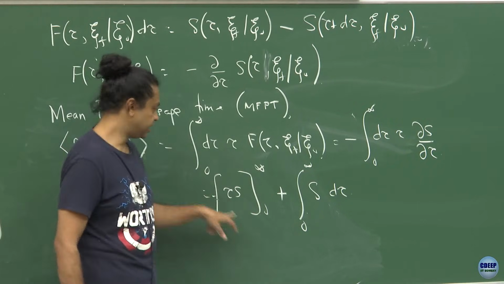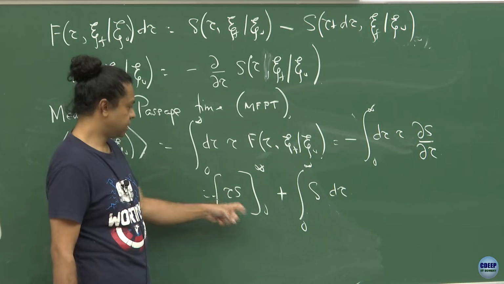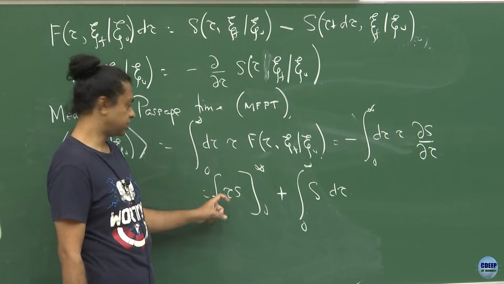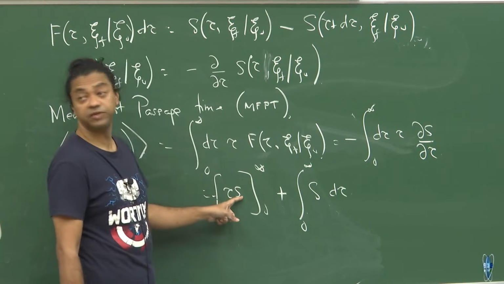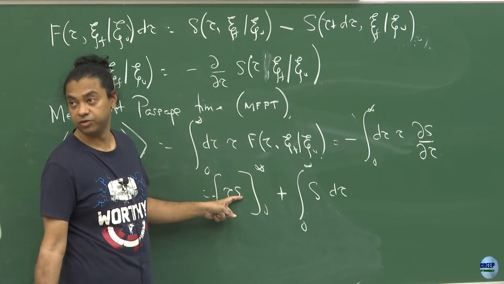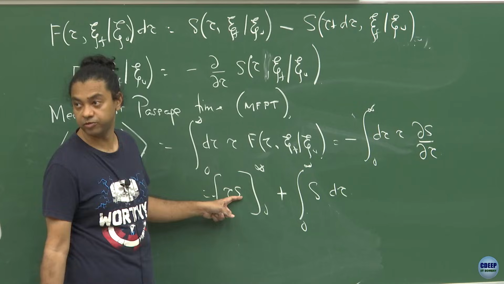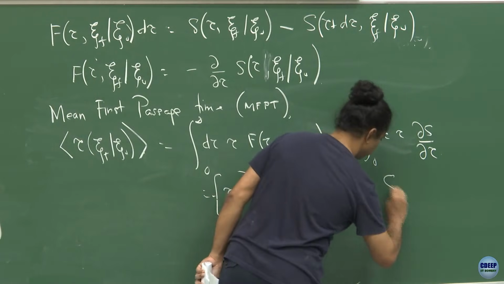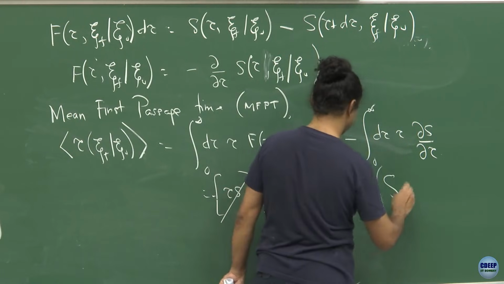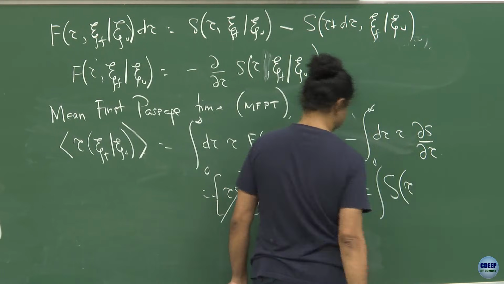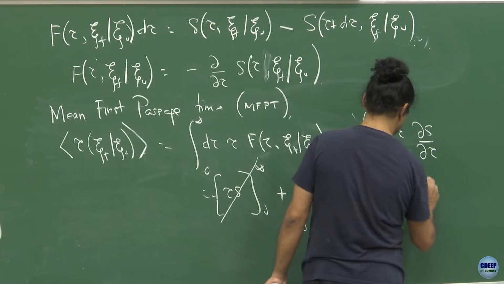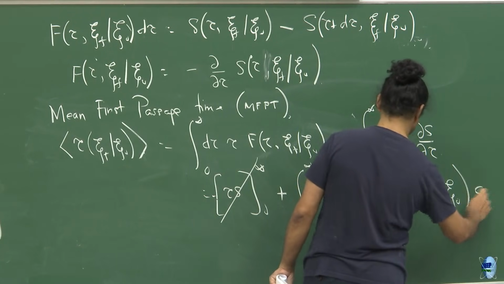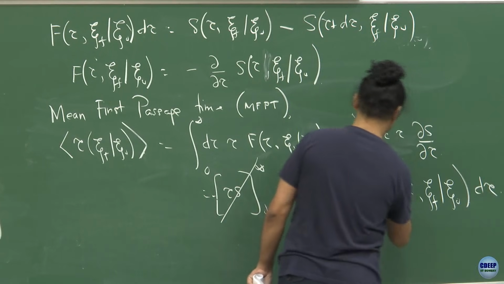So this tau s is from 0 to infinity. At 0, tau is 0, so this drops off. At infinity, s of infinity is 0, because eventually if you have this absorbing state, it will have reached the absorbing state. So therefore, this term does not contribute. So all you are left with is this integral of the survival probability s, that it has survived up to time tau without reaching this state xi_f, having started from this state xi_0.